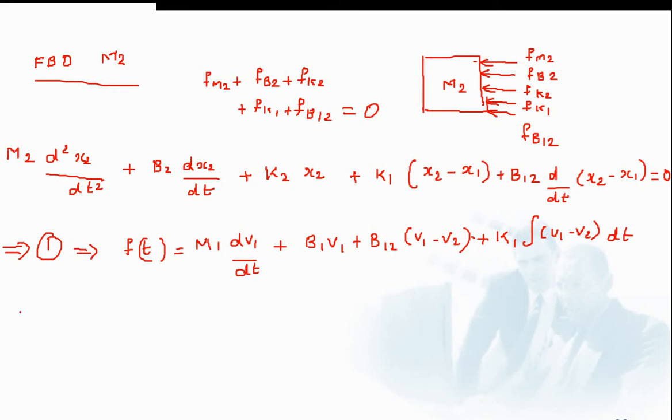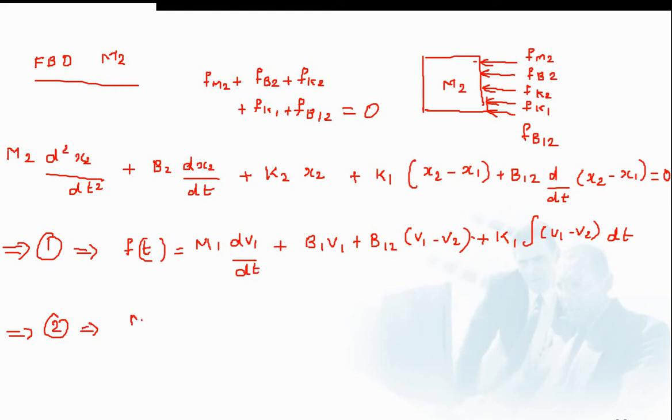Now we also have to write the dynamic equation of the system with respect to m2 in terms of velocity, that is equation number 2. That means the above equation m2 d2x2 by dt square, that equation also we have to convert in terms of velocity. So here also v2 is equal to dx2 by dt.